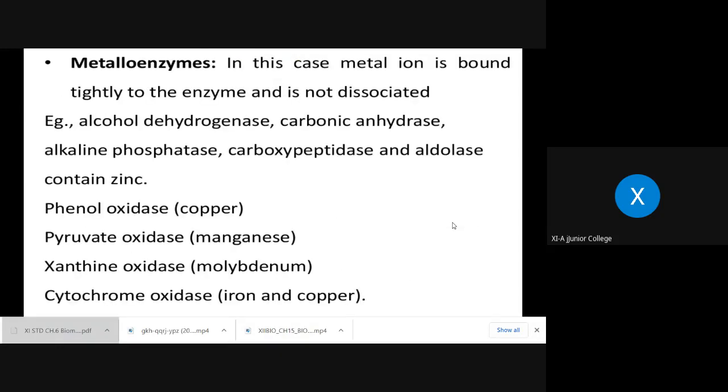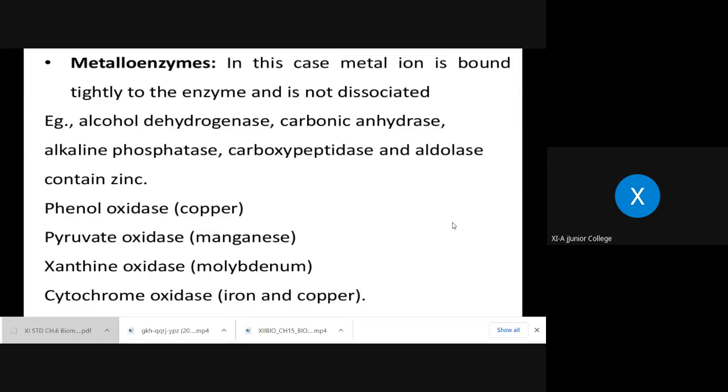Metalloenzymes is one more category, where the metal ion is bound tightly to the enzyme and not dissociated. This is the difference between the cofactors and metalloenzymes. Cofactors contain inorganic substances, and most of the time these are metals, but they are loosely bound and can be dissociated.